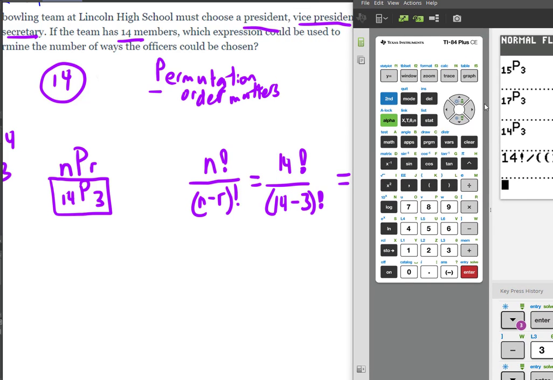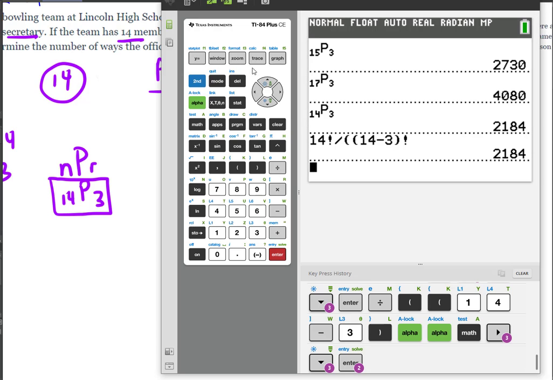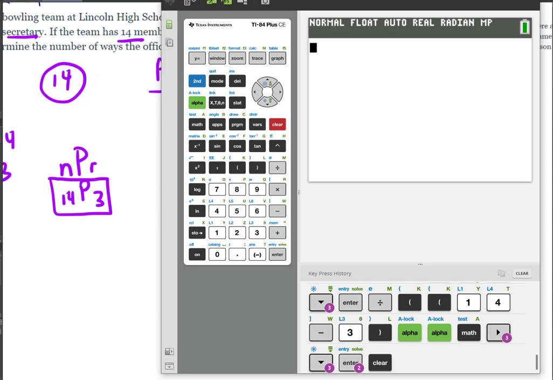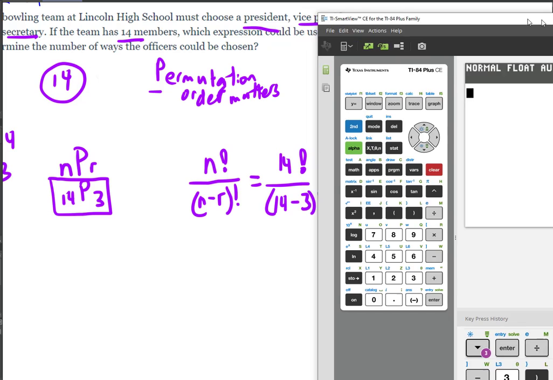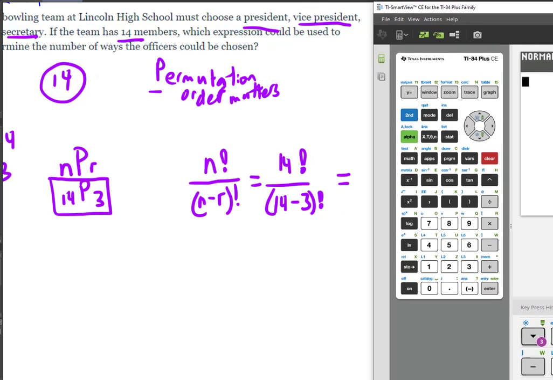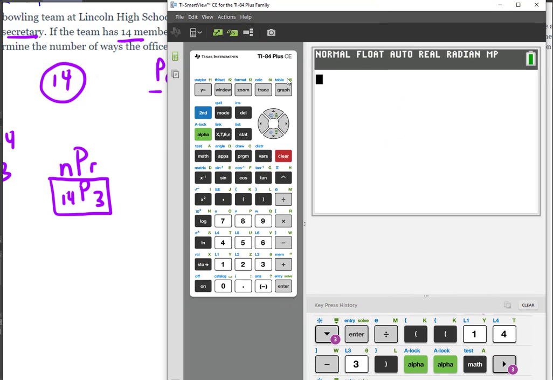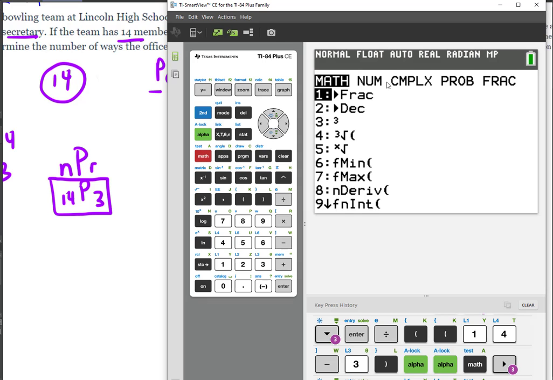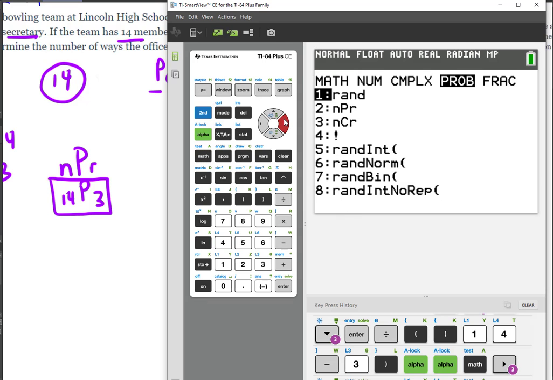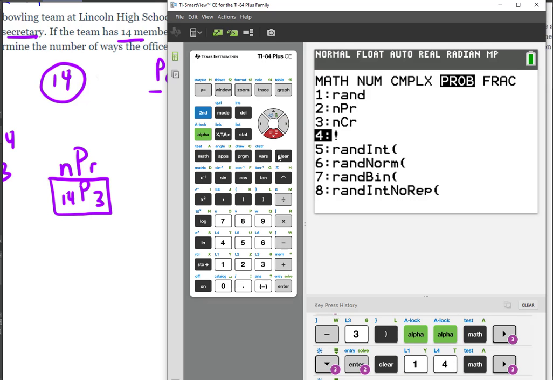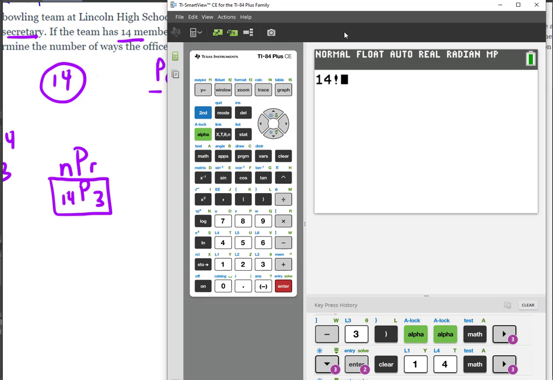But the nice thing is we have a beautiful calculator which can help us. So I'm just going to clear all this stuff, gunk, right? And hopefully you can see this. So in my calculator, I'm going to do 14 factorial. The way I factorial that is I go to math, I go over to probability, and I go down to this cool exclamation point, which is factorial.